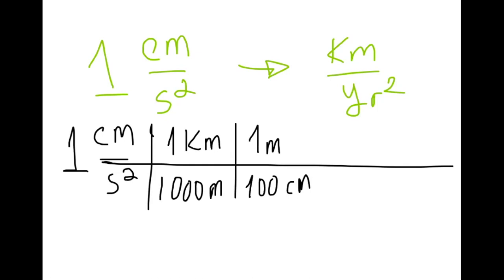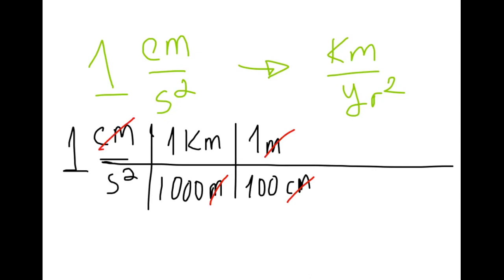So in this case, we can now cancel with the conversion factors centimeters with centimeters and meter with meter, and now we have kilometer per second squared, right? And we just have to divide.